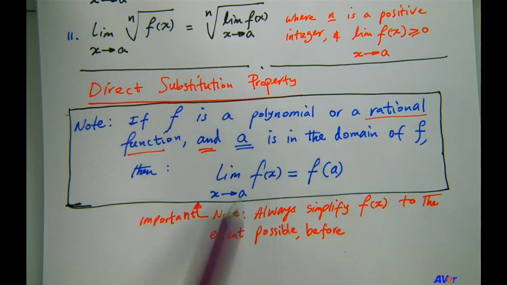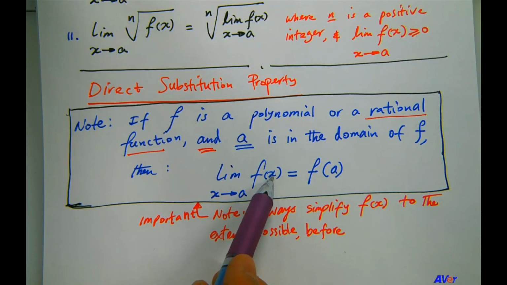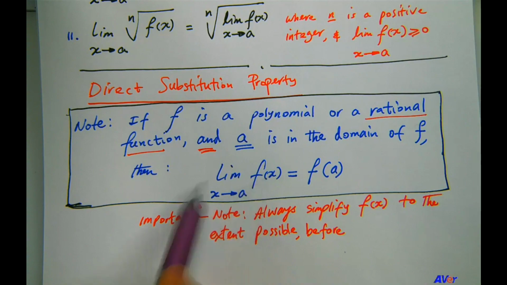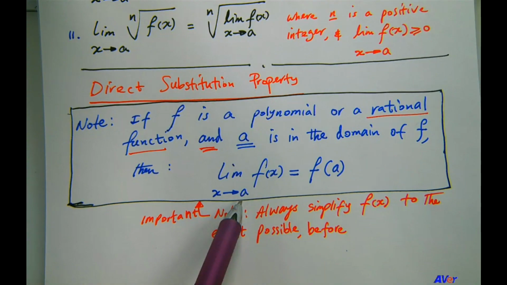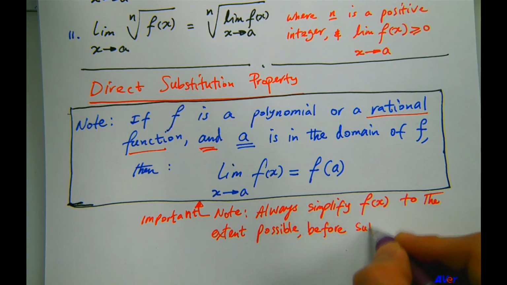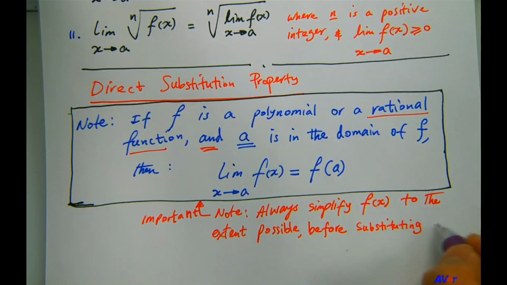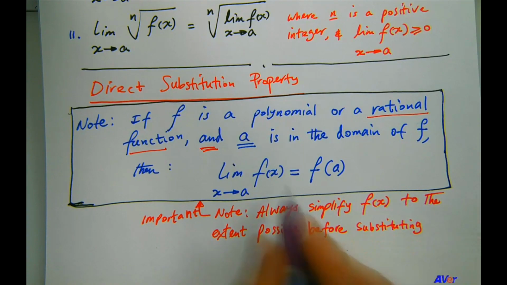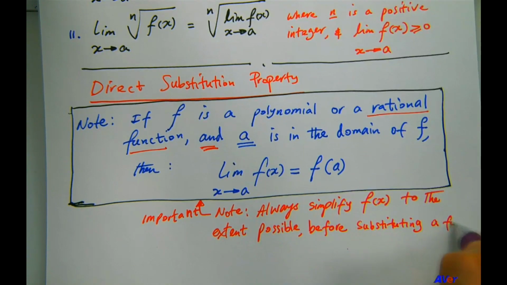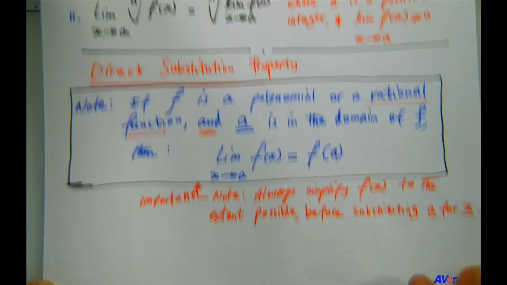So we want to do what this property is saying, which is substitute the a for x in function f of x in order to find its limit at that value. But we want to do that after we simplify f of x, before substituting a for x. Okay, very, very important to remember that.